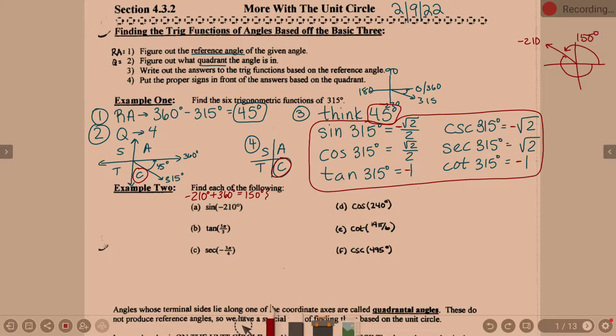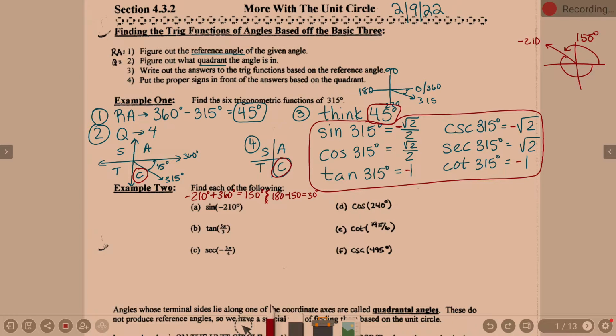Now, here's what I want to know. Step 1 is I need a reference angle. How far is this angle from the x-axis? 30 degrees. Because right here, if you go with the 150, 180 minus 150 is 30 degrees.